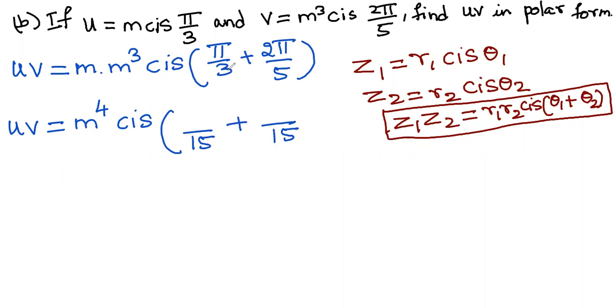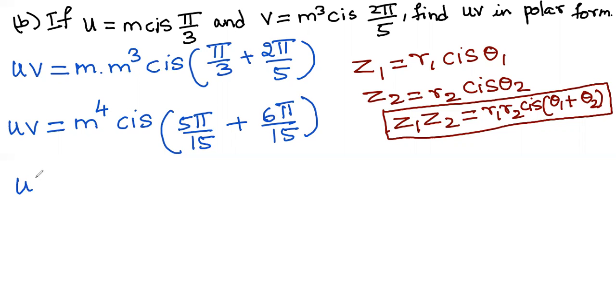How many 3's go in 15? 5. So we write 5 pi. And how many 5's go in 15? It's 3. So it will be 2 times 3, which is 6 pi over here. Because of the 2, we have to times that by 3. So hence we get 6 pi.